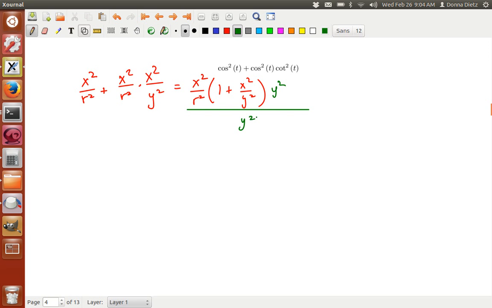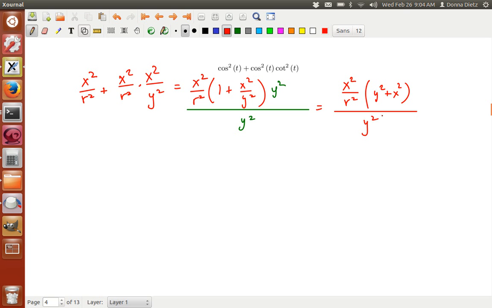There's more than one way to attack this, but this is just what I'm planning on doing here. And so what's going to happen is I'm going to get x squared over r squared, and this y squared is going to distribute through, and so I'm going to get y squared plus x squared all over y squared.